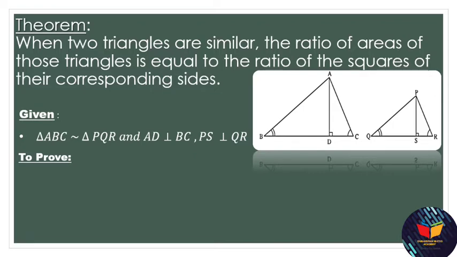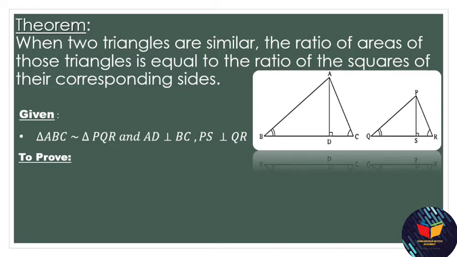Okay, so the corresponding sides of triangle ABC and PQR are: if we take AB, then its corresponding side will be PQ. The corresponding side of BC will be QR and the corresponding side of AC will be PR. Okay, so in this way we have to show the ratio of their squares is equal.